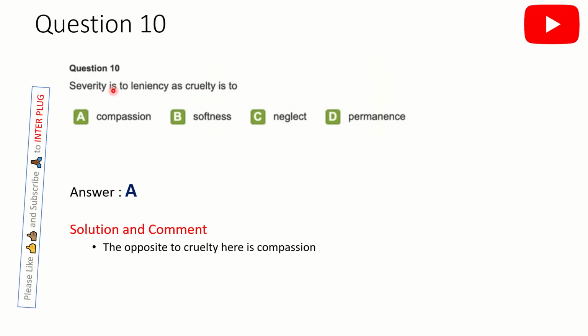So here: severity is to leniency as cruelty is to... For me, I would say compassion. The answer here is compassion. That's an English question basically. I think you don't really need to think a lot about this. It's either you know or you don't know, right? So let's move to the next question.